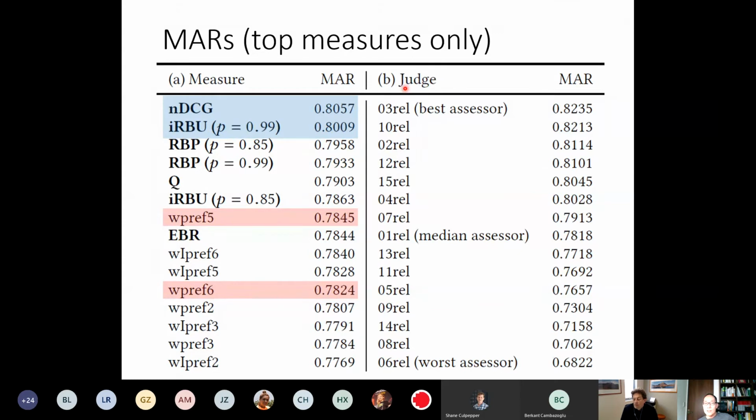So they have the advantage. For example, this assessor number 3 was compared with all 15 assessors, including themselves. So at least one assessor agrees with him or her all the time. So this person achieves 82% mean agreement rate.